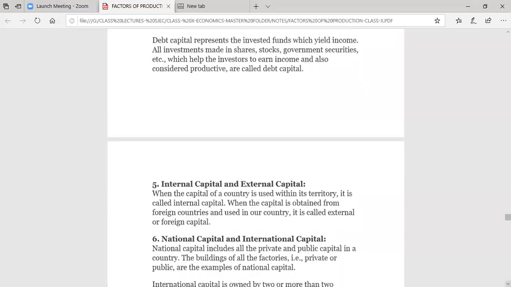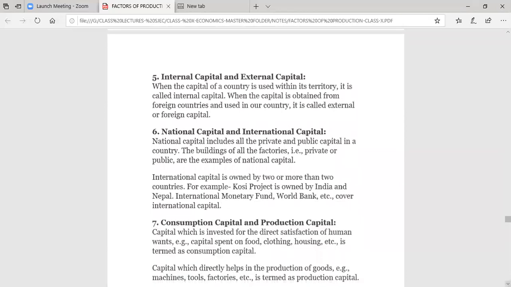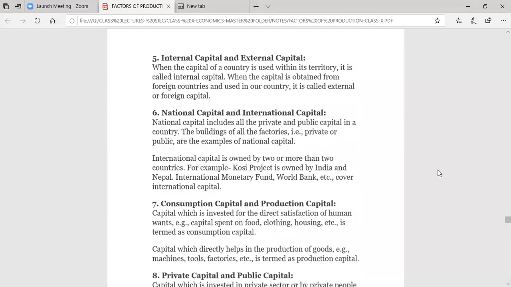What is internal and external capital? Internal capital means capital which is used within the territory of your country. And external capital is when the capital is obtained from foreign countries. Suppose you have made a production facility in your country and you require foreign funds.